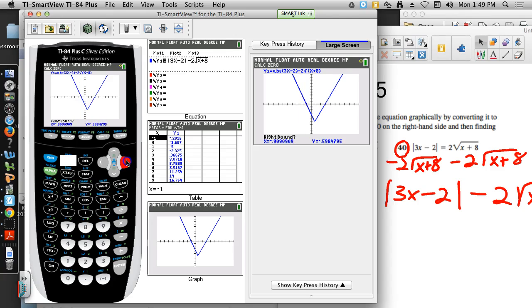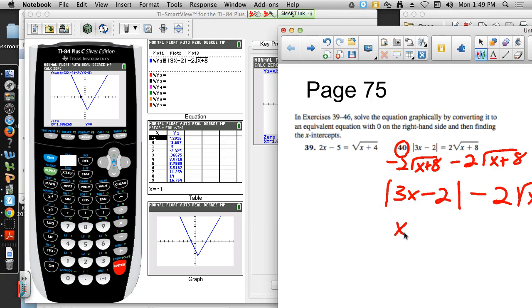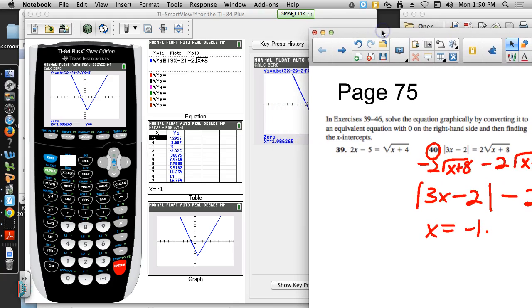And then as it says, we're going to hit the right arrow to get below. And the 0 is at negative 1.086265, which we will round to negative 1.086.